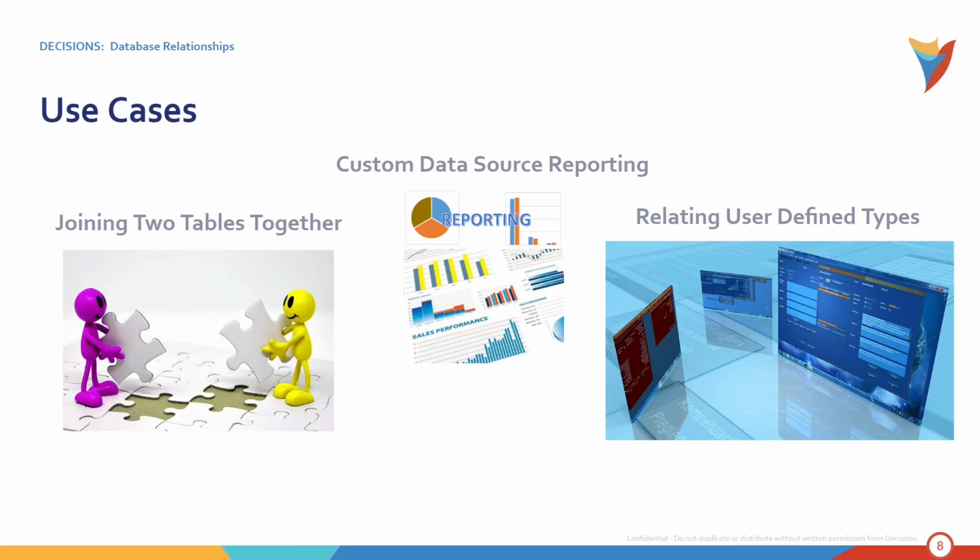And then the one all the way to the right, you can also relate your user-defined types. Let's say I have a purchase request application that has three different types of requests. I have just the request itself, but then I'm going to store the ID, like a request type ID. And then I have three request types. I can have a software request, a general request, or a project request.